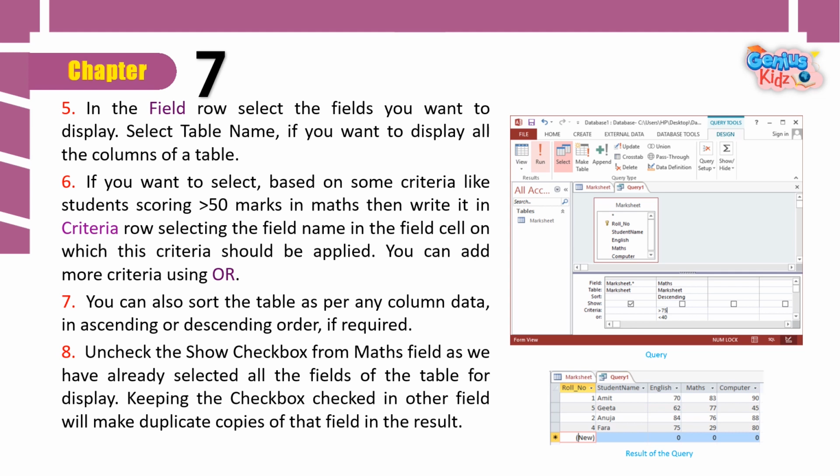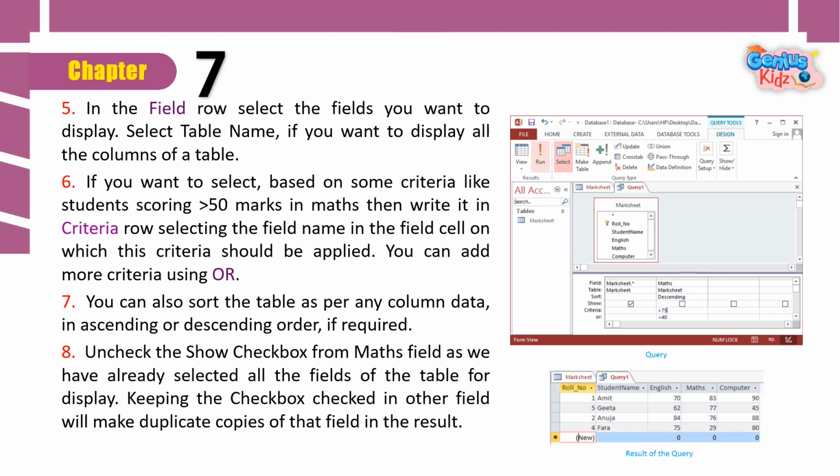You can add more criteria using OR. 7. You can also sort the table as per any column data in ascending or descending order, if required. 8. Uncheck the Show checkbox from Maths field as we have already selected all the fields of the table for display.